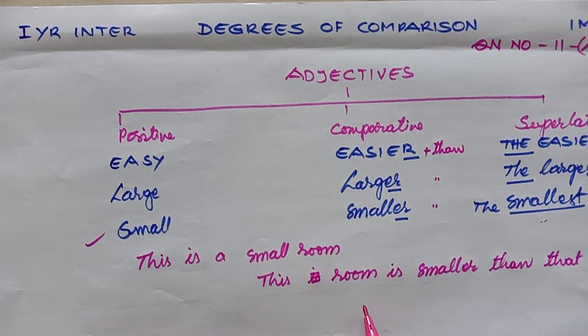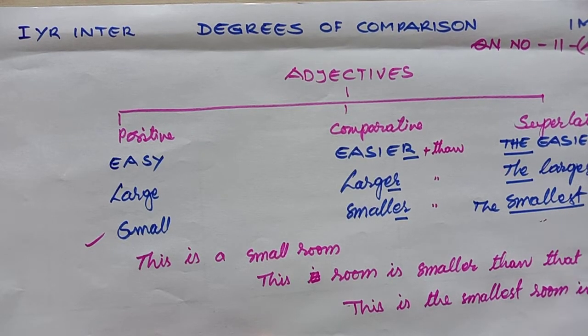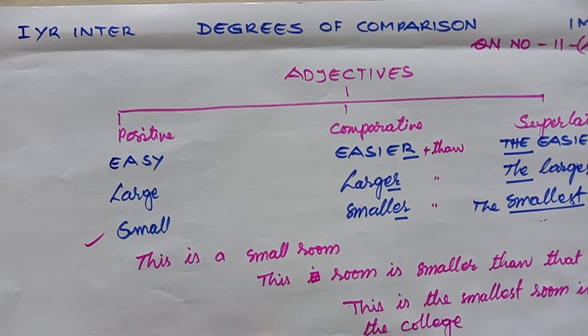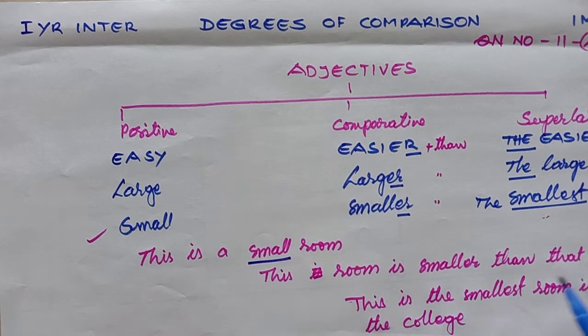And the superlative degree form: this is the smallest room in the school or in the college. Now, if you observe this, what are the things we used here? Small, smaller than, the smallest.